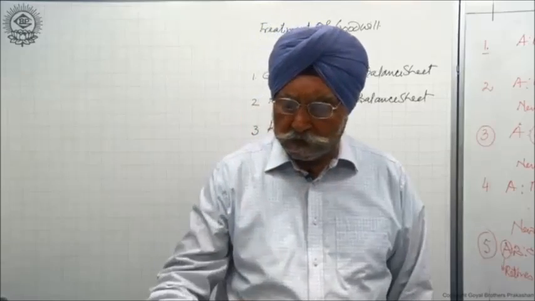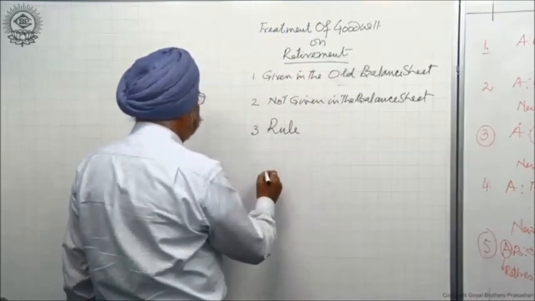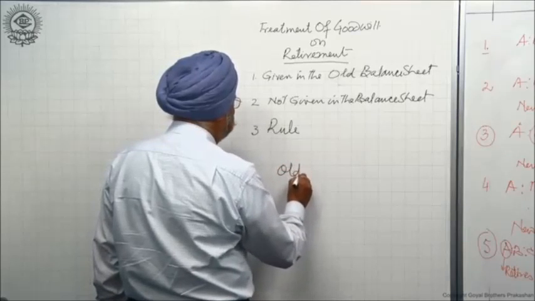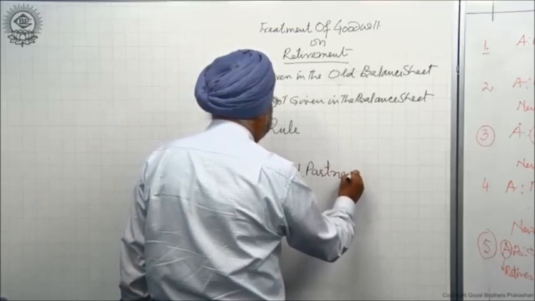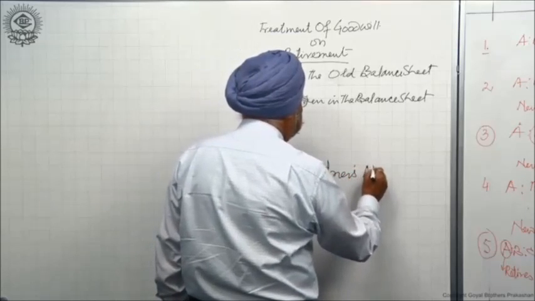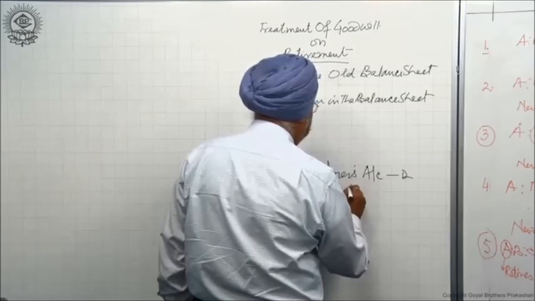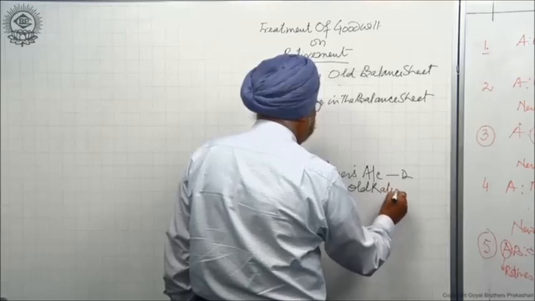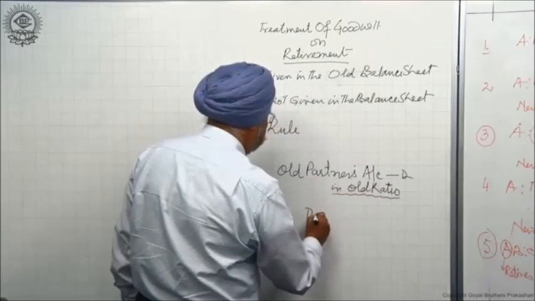This goodwill will be written off by passing one journal entry that will be: old partners accounts debit in old ratio to goodwill.